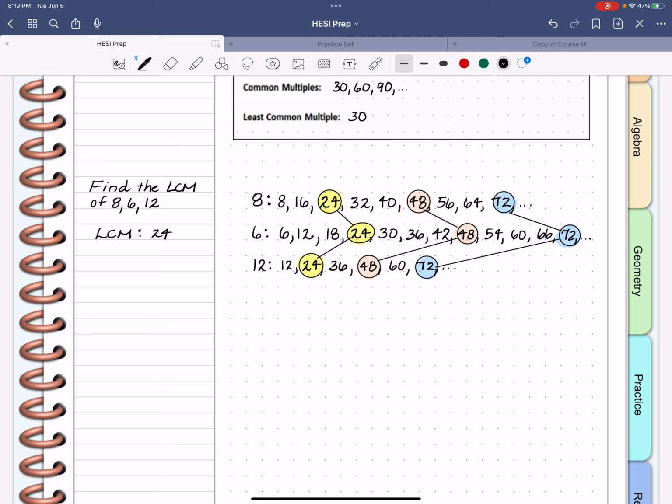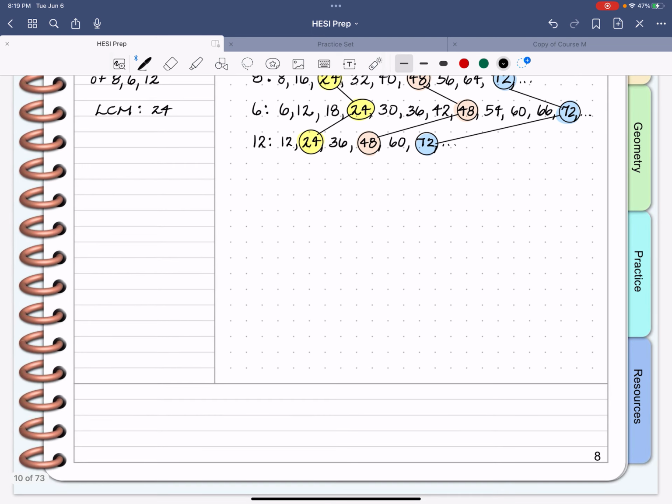Okay, let me show you a practical way that you will use this skill. If on your exam it says to add 3/8 and 11/12. Now, if you have a scientific calculator, you just type it in. But our calculators are not scientific. So I'm going to start with the least common multiple.